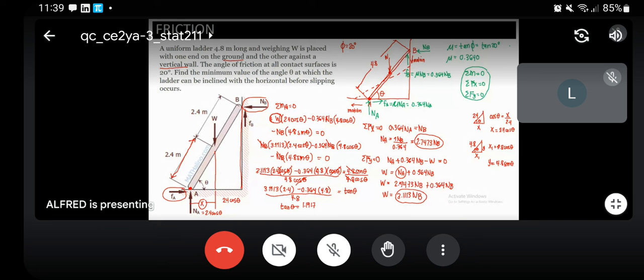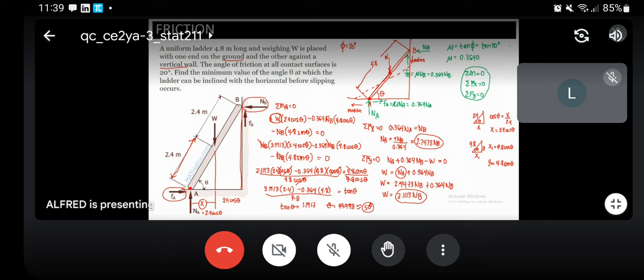Okay, so shift tangent, your answer. So that's your 49.997 or 998. So this is almost equivalent to 50. And that's your answer. Okay?